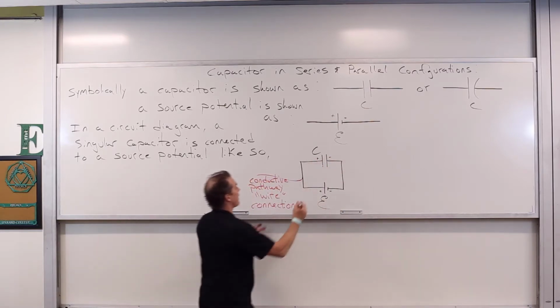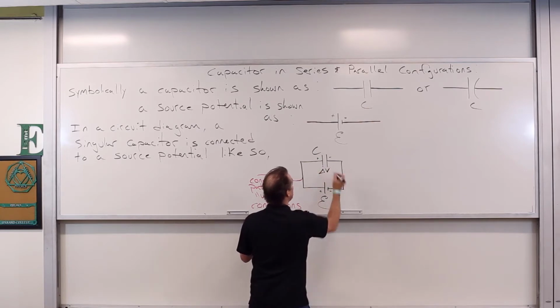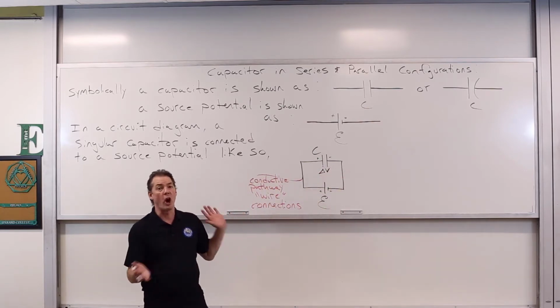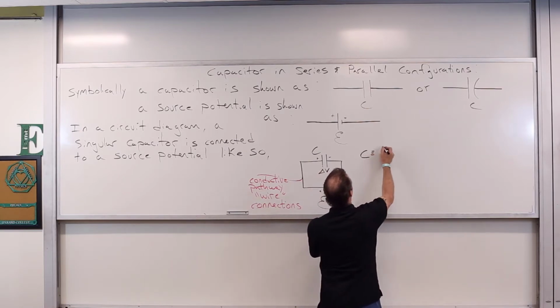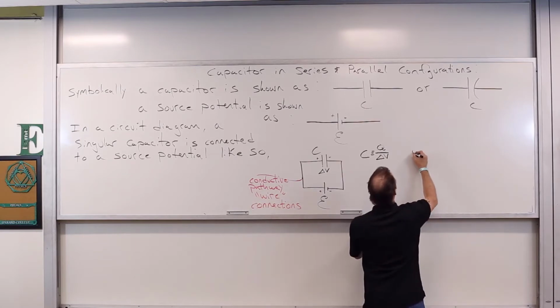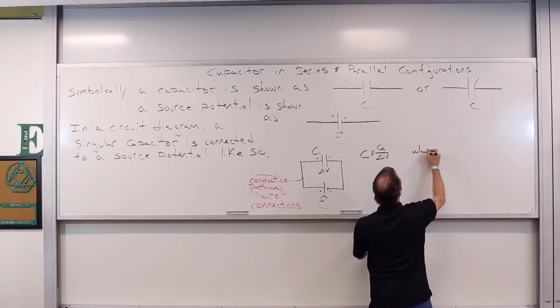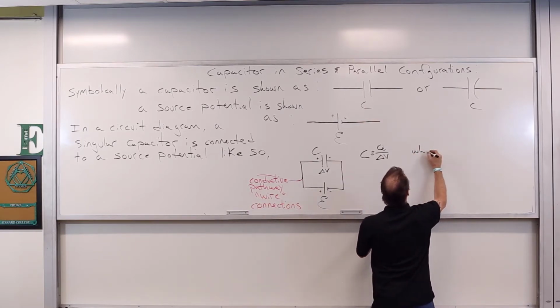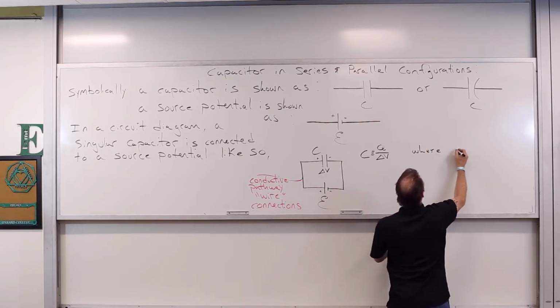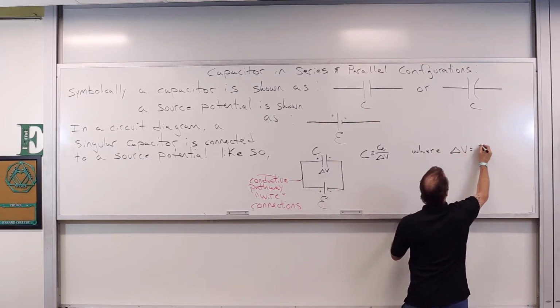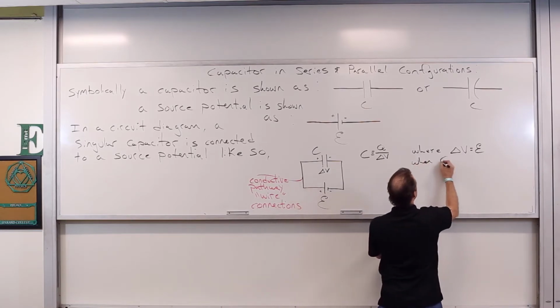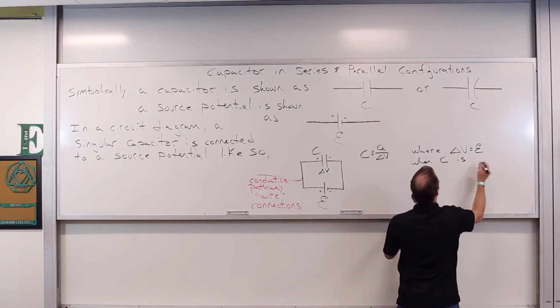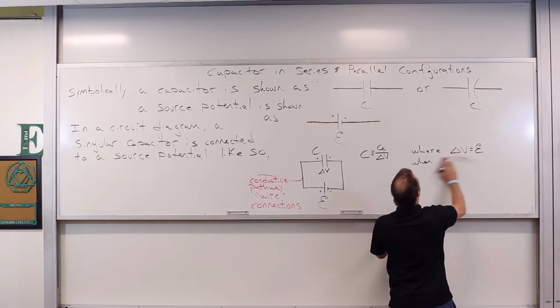The capacitor has some potential difference across its plates. It stores some total charge separation such that C is defined as Q divided by delta V, where delta V is equal to the source potential when C is fully charged.